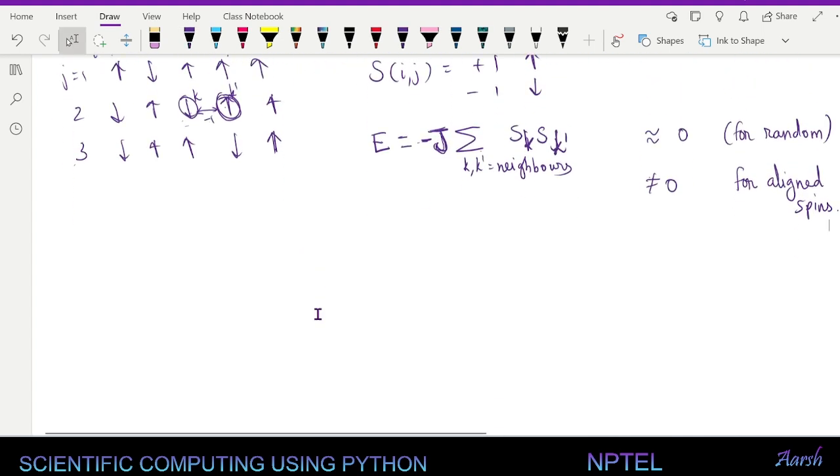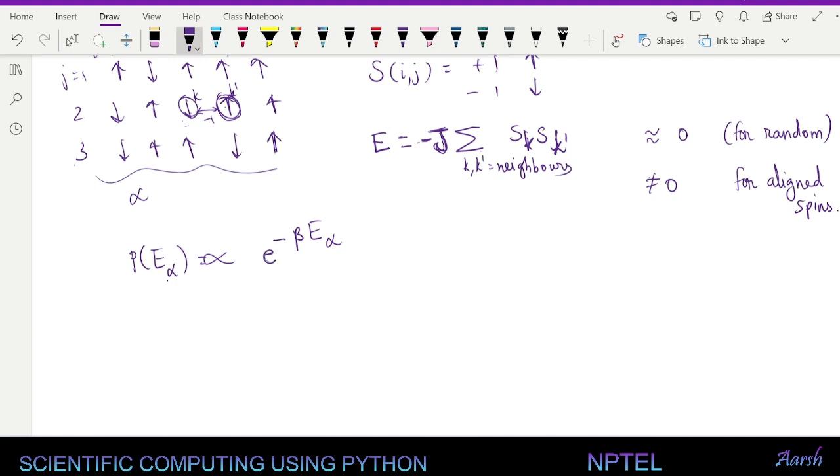And the rule that this system follows is that the probability that some state alpha of this grid occurs is proportional to e to the power minus beta times the energy of the grid, where beta is 1 over k_B T. We are assuming that the system is at thermal equilibrium at temperature T, which means we can write P of alpha, normalized by the sum over all such states.